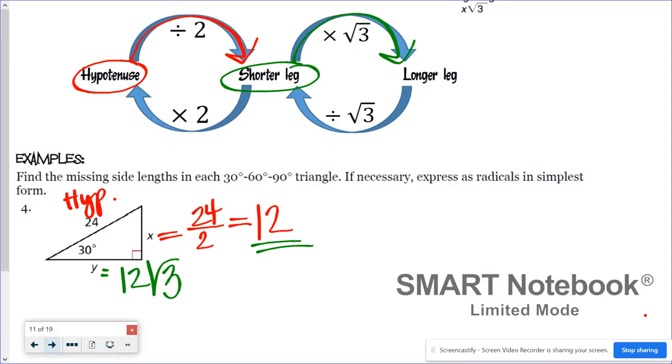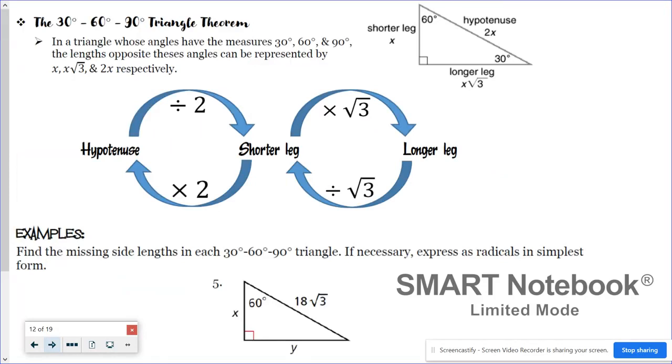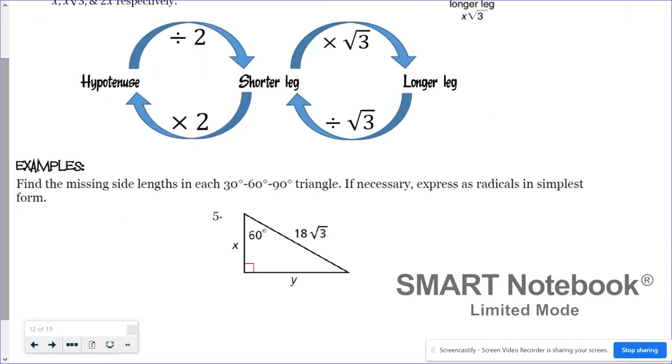So let's try another one. Really, I'm trying to stump you here. Kidding. In number 5, we are given the same information: the hypotenuse. So I can divide by 2 to get the shorter leg, x.